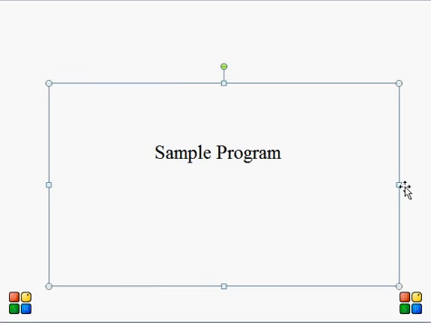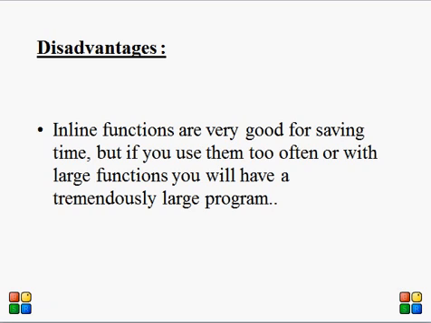But we are having some drawbacks with inline functions. I think you might guess the drawbacks. Whenever we use inline functions for functions which have more lines, it leads to performance problems, and it increases the size of the program. Why?